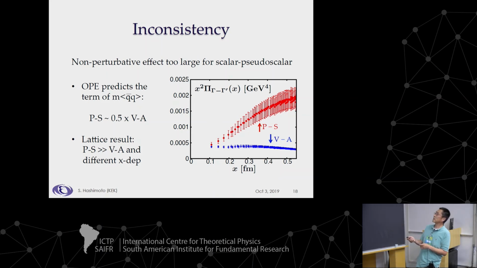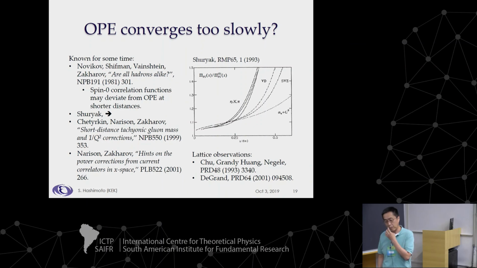But the lattice data suggests the opposite, and there is a significant x or distance dependence. So it means that the leading operator product expansion doesn't really work to explain the real non-perturbative physics. Probably the higher orders are important.